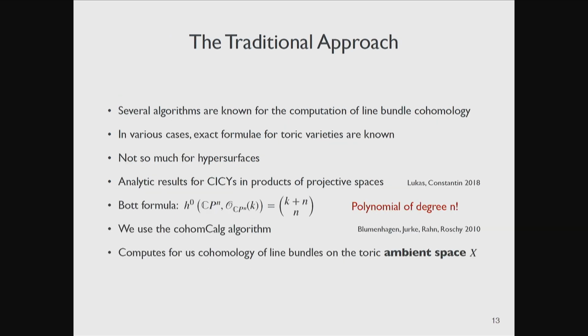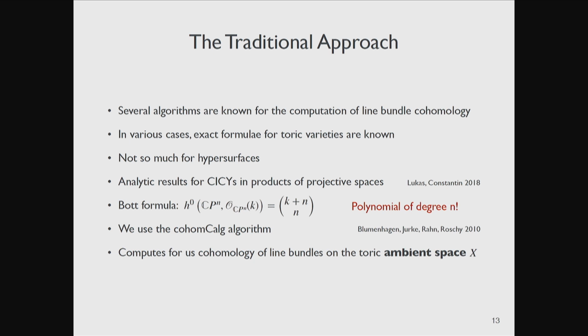Okay. So what is the traditional approach? Toric varieties are in a certain sense well suited to be analyzed by algorithms, because they're really combinatorial in a sense. Several algorithms are known for the computation of these line bundle cohomology groups.